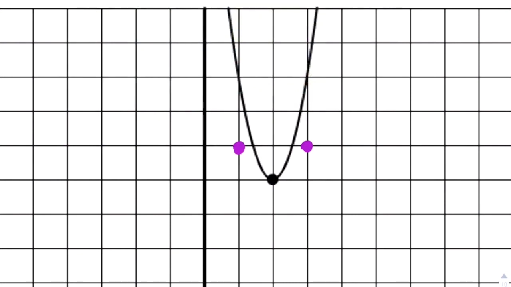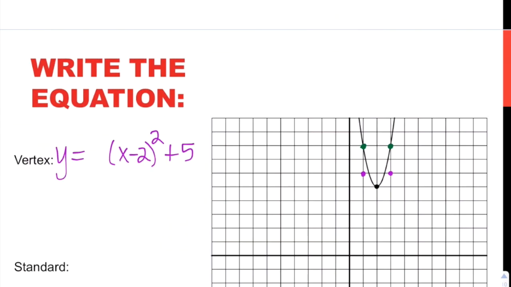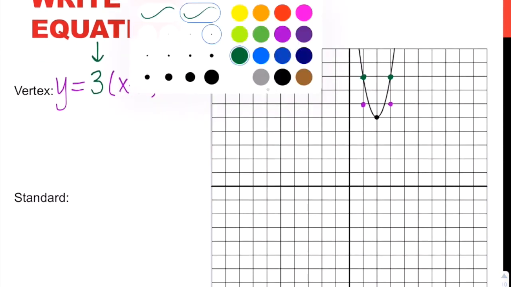But in this case, I have gone right 1 up 3, left 1 up 3. So instead of going up 1, my y value has been multiplied by a 3. That means a is 3. Anytime your graph gets skinnier or has a vertical compression, you are going to have a whole number in front of the parentheses. Let's convert this to standard form.